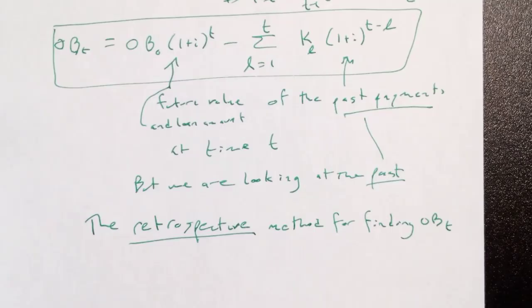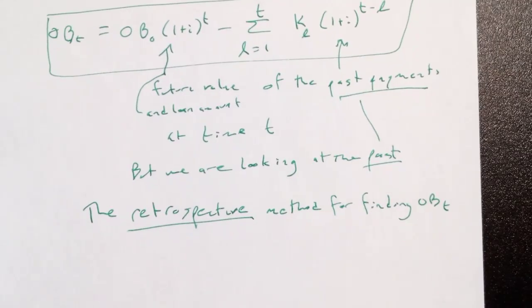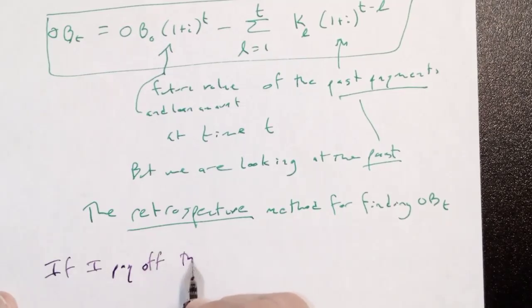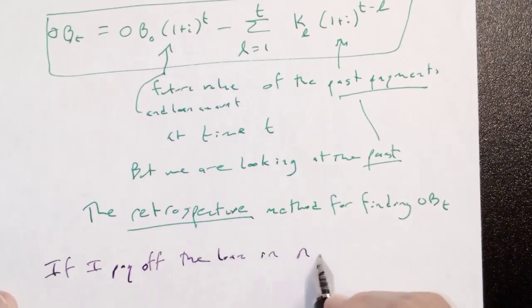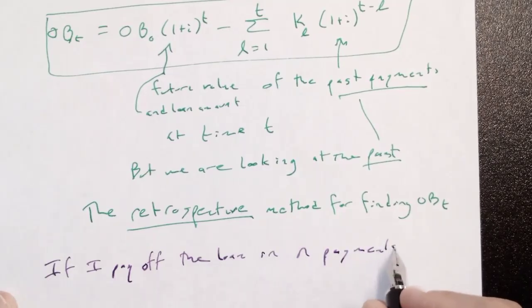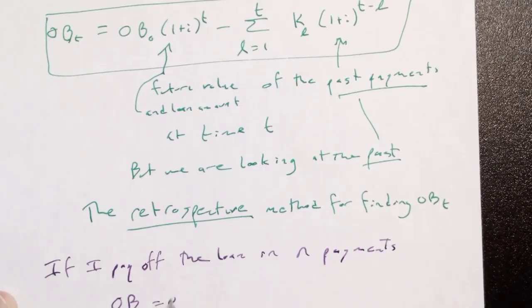By the way, this actually shows me the valuation equation we were using. Because if I make this entire set of payments, then what does this become? If I pay off the loan in n payments, then OBN is 0.